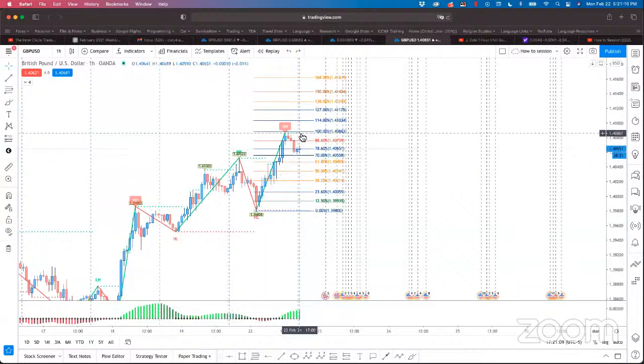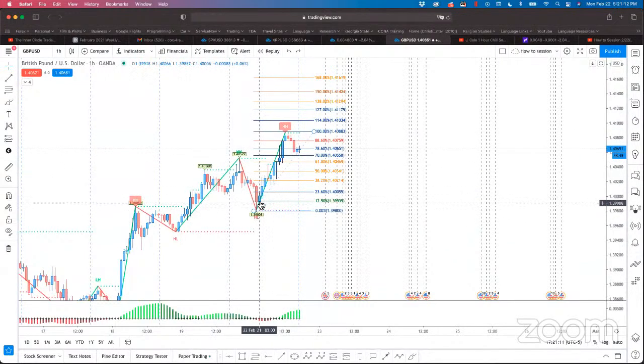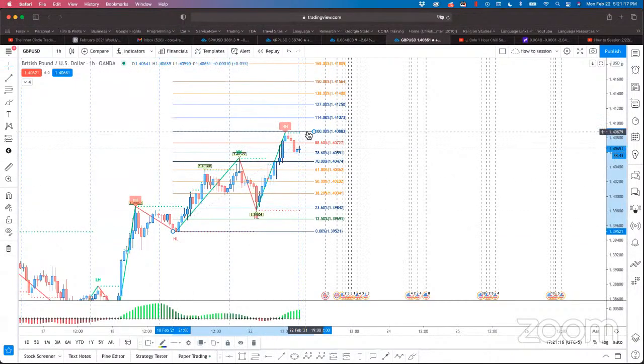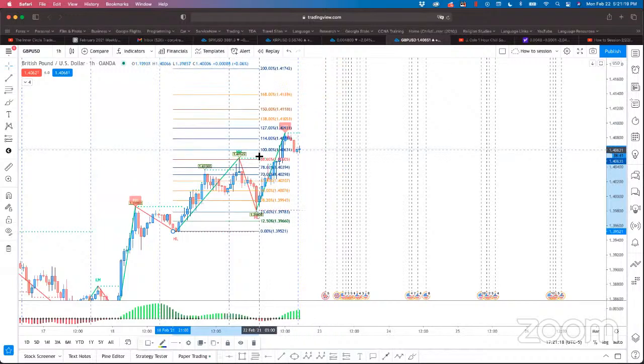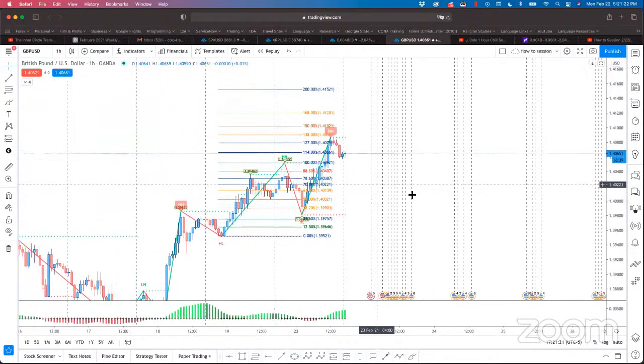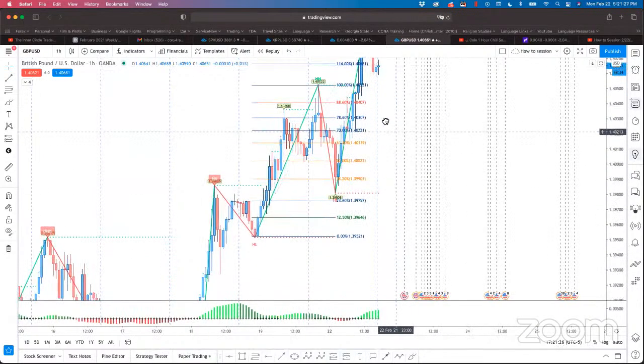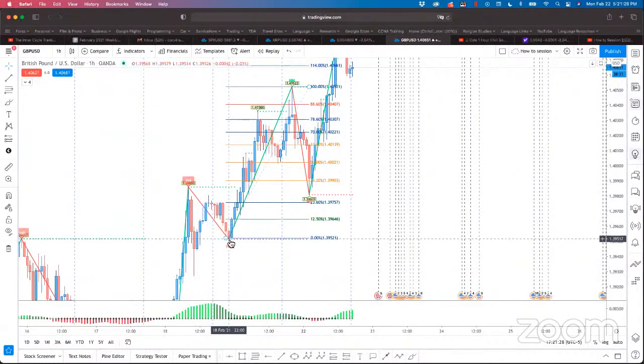If you've had an impulse to the upside, just like we had right here, on this little move to here, and we wanted to take a buy, and we saw the impulse happen from this low to this high, we can wait until it retraces back into the kill zone right here, and then we can take our entries from here.